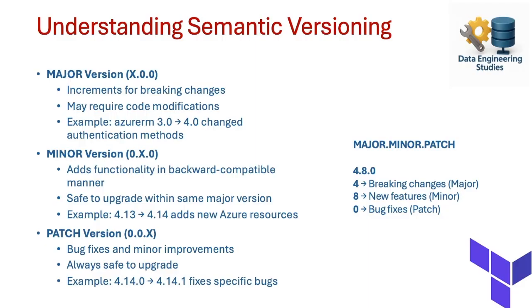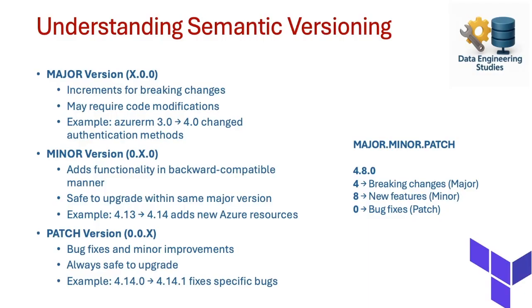Finally, the patch version uses the format 0.0.x. These are bug fixes and minor improvements that don't change functionality. They are always safe to upgrade because they only fix issues without adding features or breaking existing behavior.